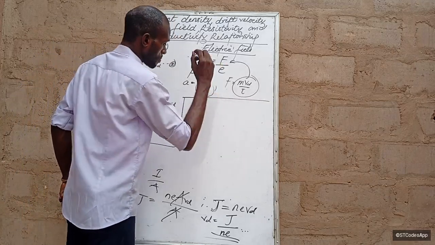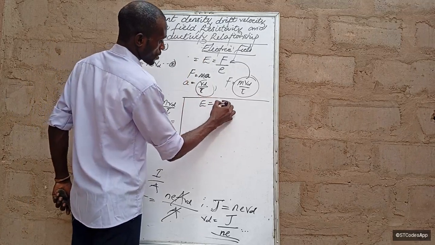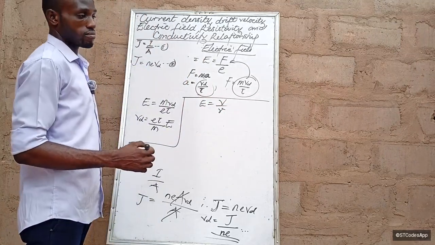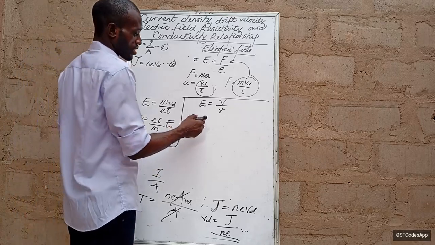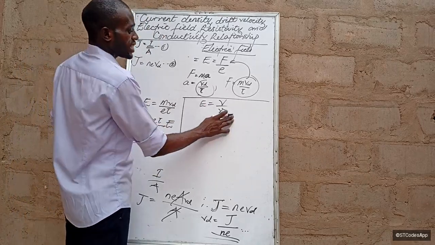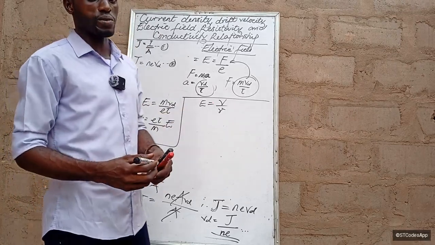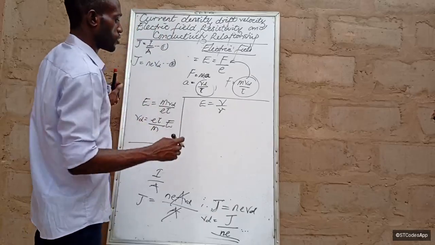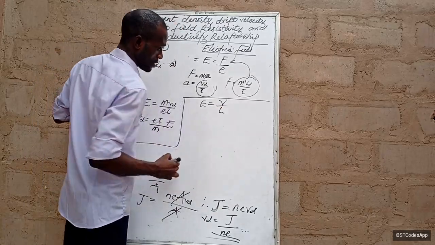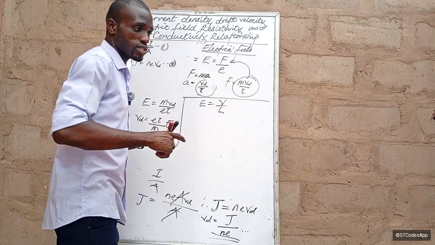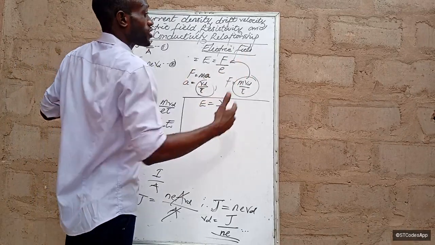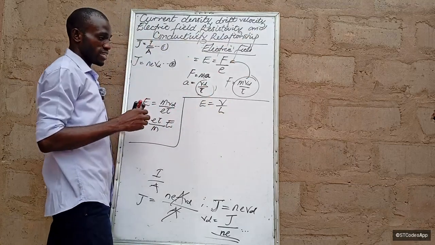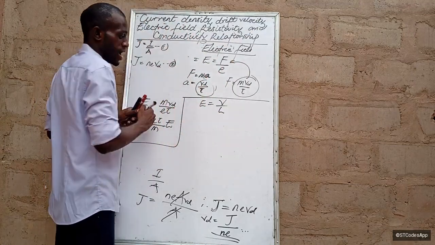Now, also remember that electric field is equal to voltage per distance, voltage over L, where the distance is the length of the wire. So E equals V over L, because the electric field is just the electric field I set up between the two ends of the wire, from the beginning to the end of the wire.